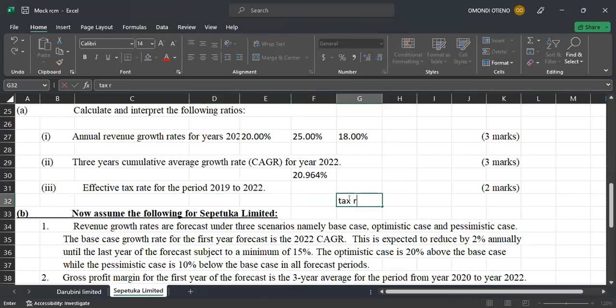Tax expense, you normally take tax rate times PBT. I can see where you are driving from. So to get the tax rate, you make it the subject, which will be equal to tax expense divided by PBT.